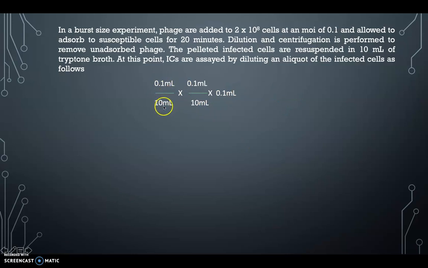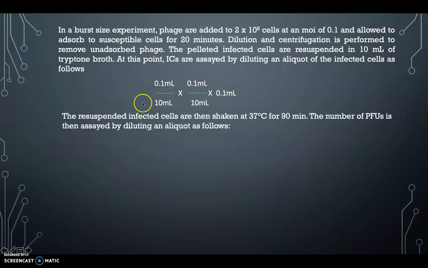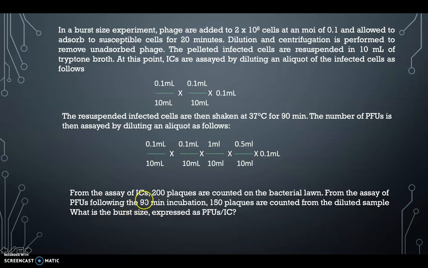So 0.1 ml by 10 ml, then 0.1 ml by 10 ml into 1 ml. This is the serial dilution. After the resuspension, the infected cells are shaken at 37 degrees Celsius for 90 minutes, and again the number of PFU is assayed by diluting an aliquot as shown. From the ICs, 200 plaques are counted on the bacterial lawn.